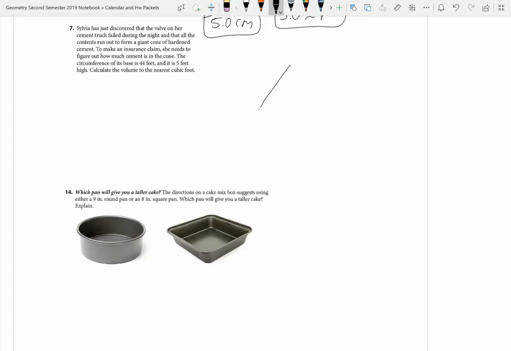All right, so we have a cone. We're given the circumference is equal to 2 pi r, which equals 44 feet. And it's 5 feet high.